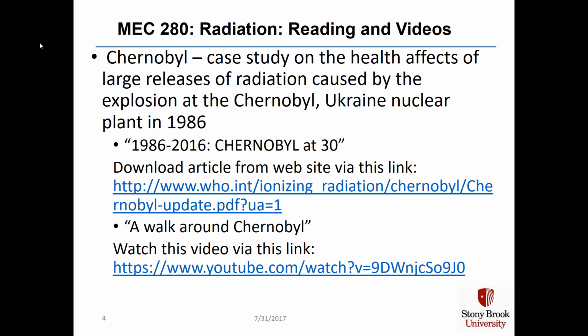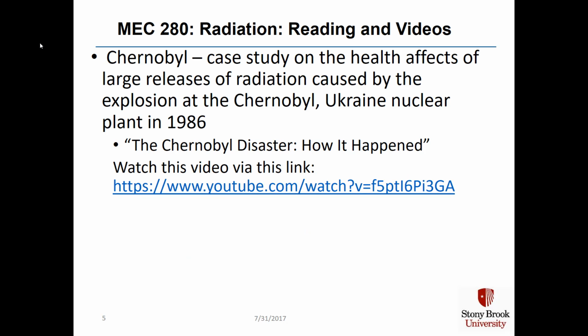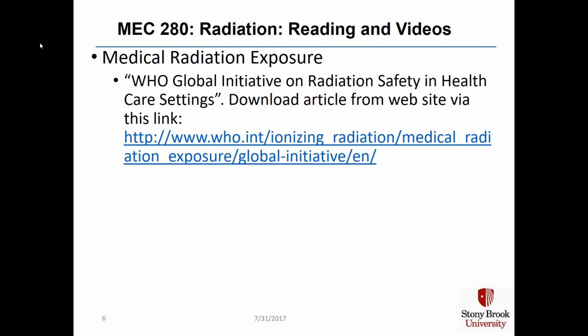We've got some major articles to download from the website, and we also have a couple of videos where it is explained how the disaster occurred, and also an interesting one where a reporter did go back to the current site in 2016 and discussed what it looked like these days.